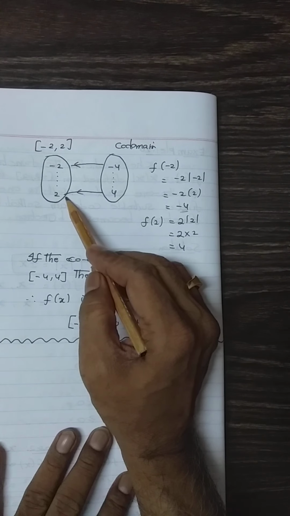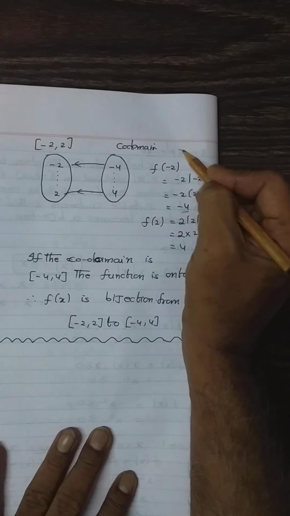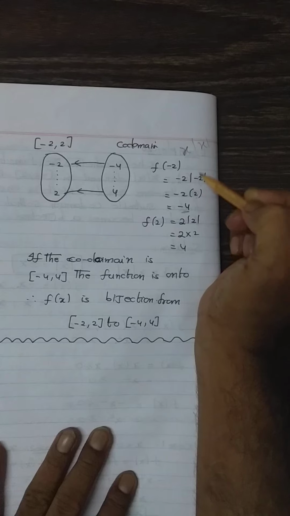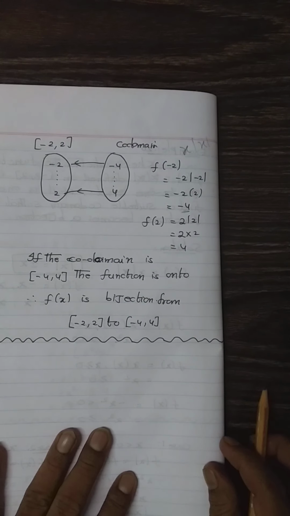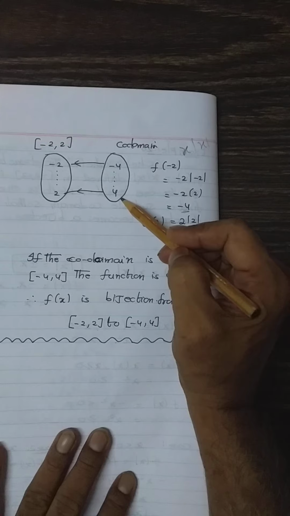Similarly, f of 2 is 2 into mod 2, so 2 into 2 is 4. So the pre-image of 4 is 2.